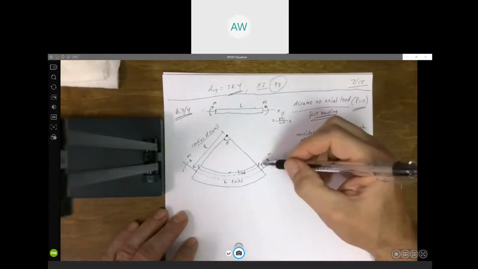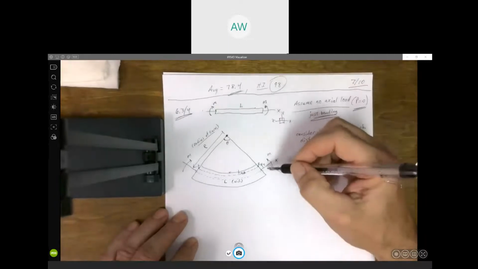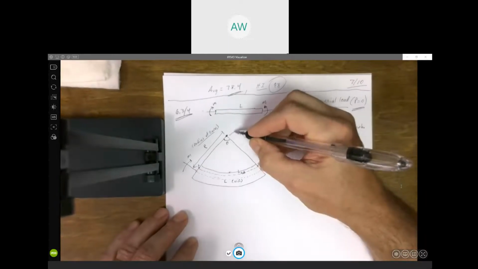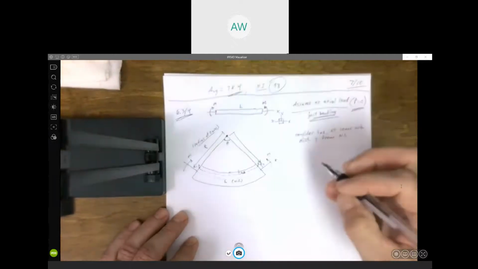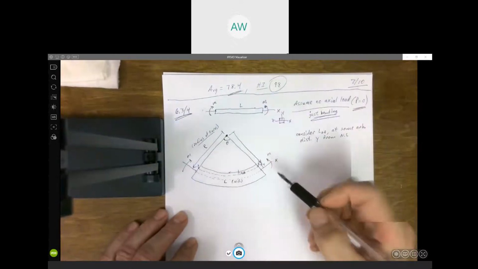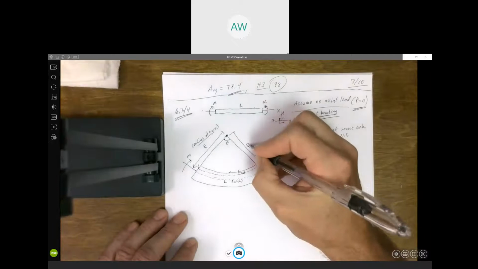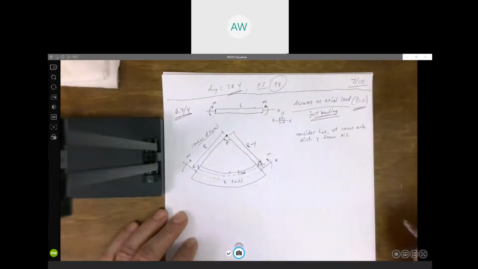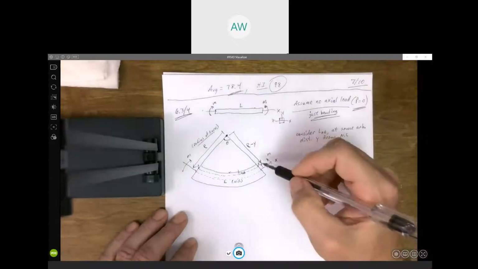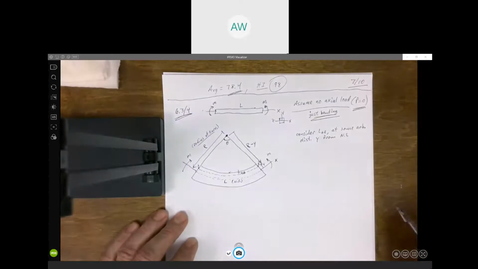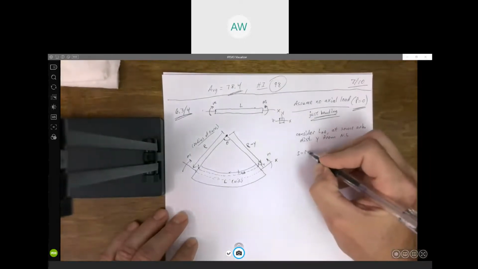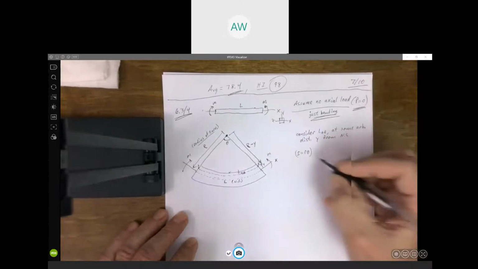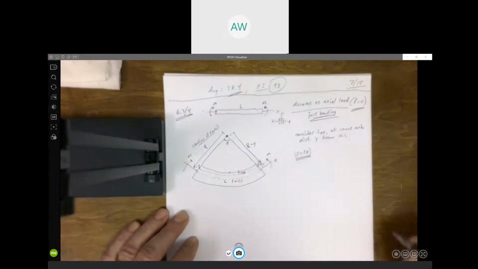If this is some distance y away from the neutral surface, then this radius would be rho minus that distance y. That would be the radius from the center to that surface. All we're going to do is use what we know about arc length: s is equal to r theta.